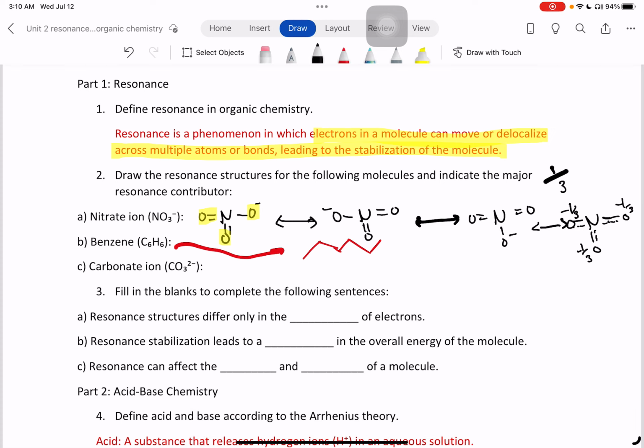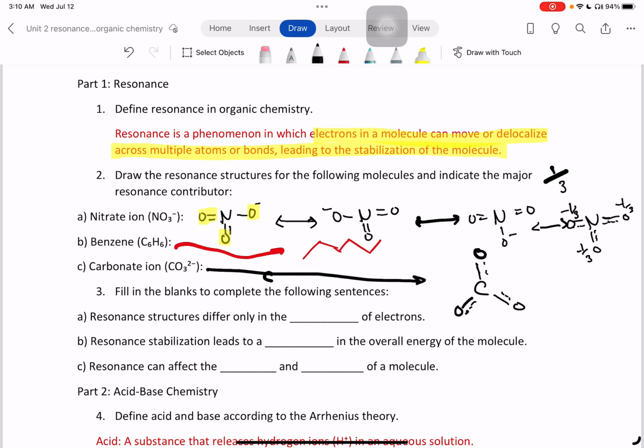So the carbonate ion. Carbonate's the same as the nitrate ion, so we can see the carbon. We can draw a hybrid. I'm going to draw it right over here. So I'm going to draw the hybrid of it. There's going to be one dashed, one line, another dash, one line, another dash representing the hybrid.